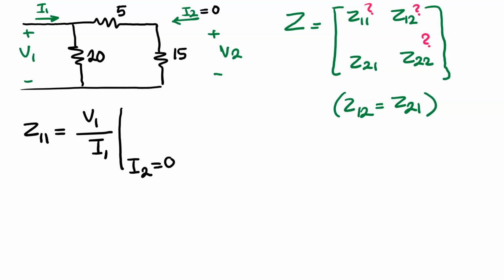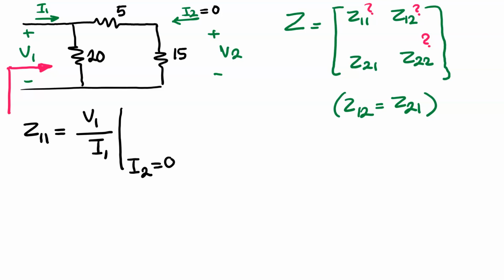So now I'm looking for the relationship between V1 and I1. Obviously it means that I have to find the impedance that I can see from this terminal. So V1 over I1 from the same terminal means that I'm looking for Z equivalent.